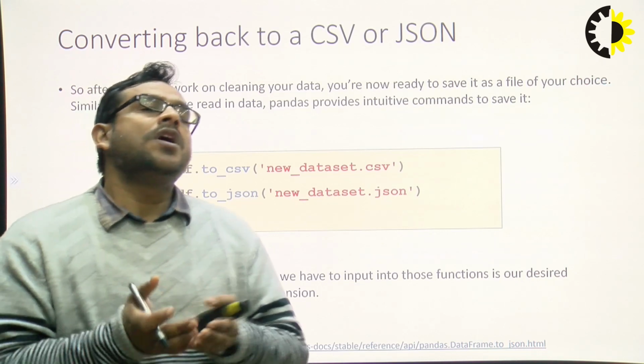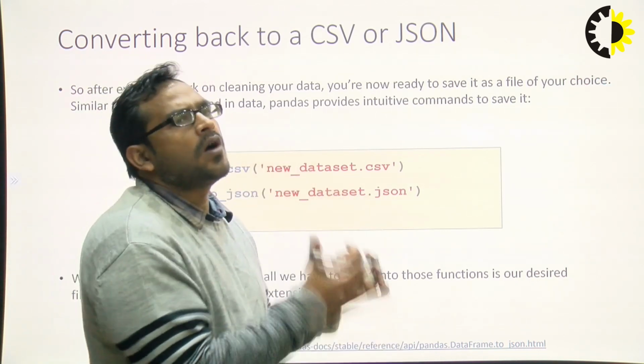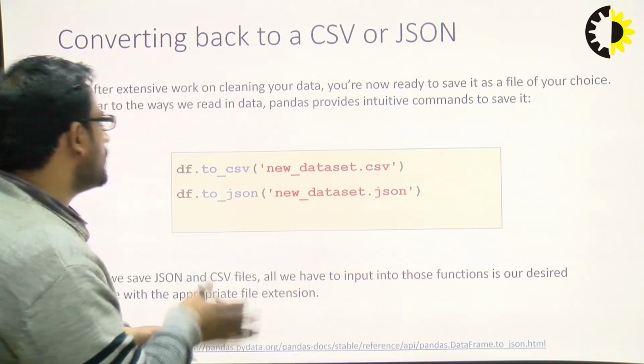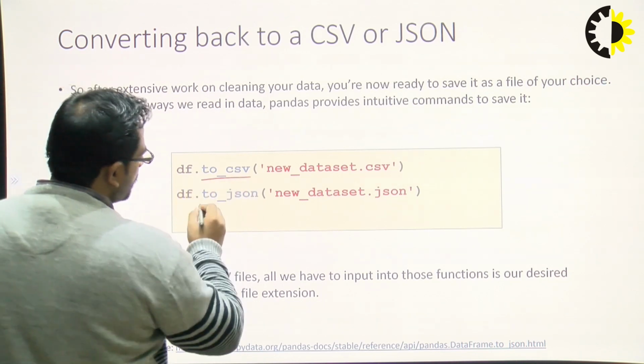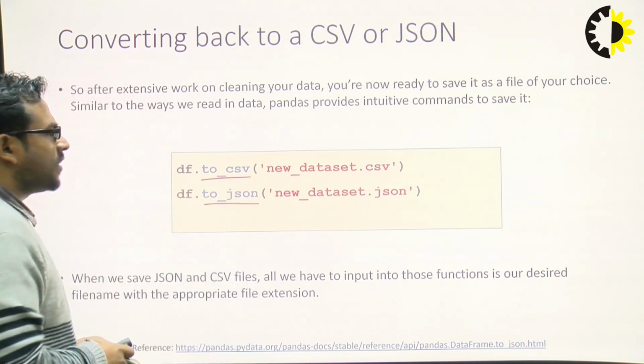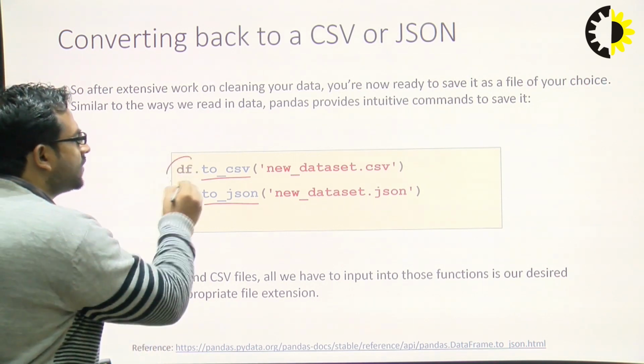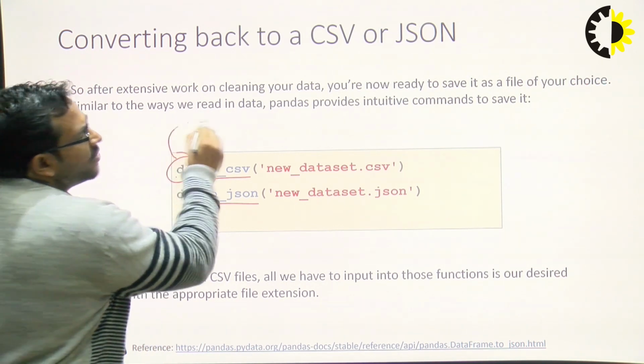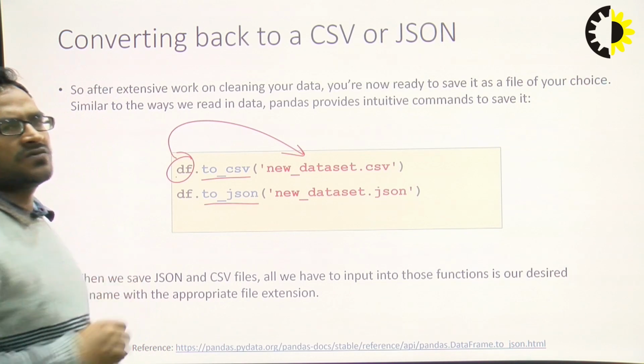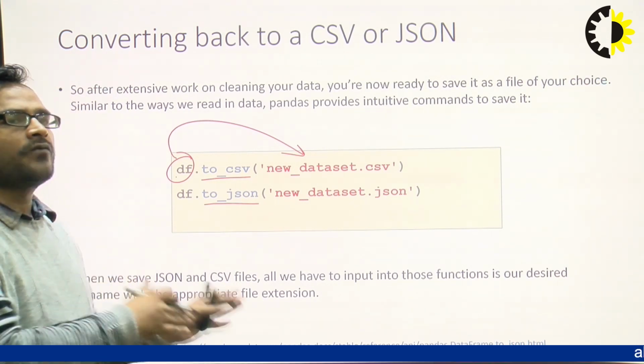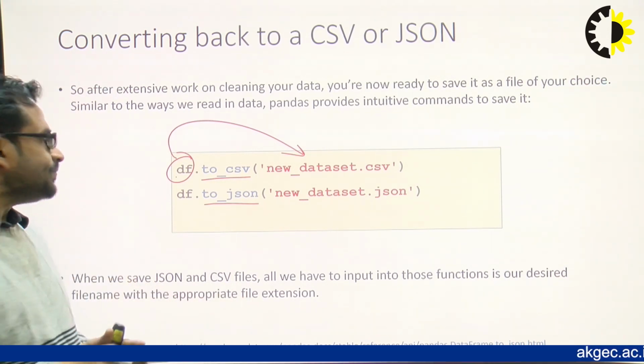So you have to store it into a CSV file or a JSON file. You have to call to_csv or to_json. So whatever data frame you are working on is stored into a new CSV file after the processing of that particular data set, right?